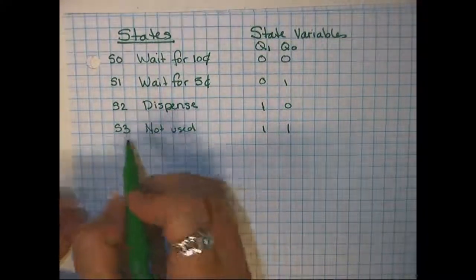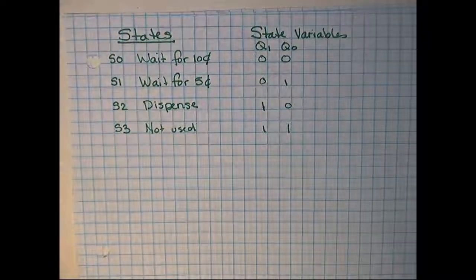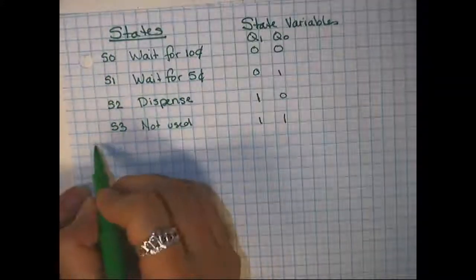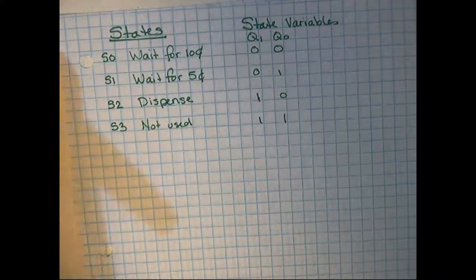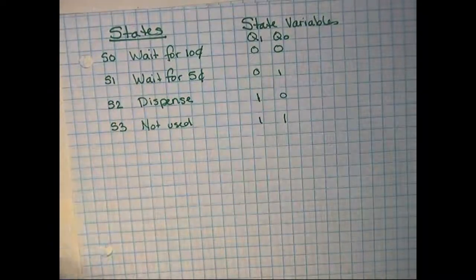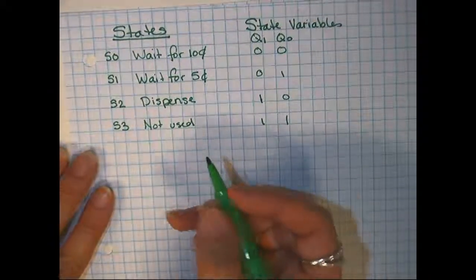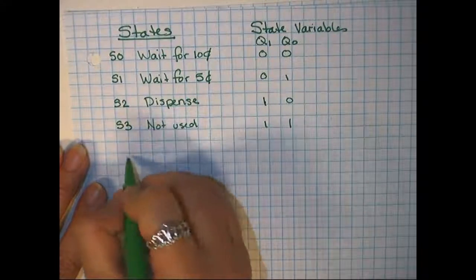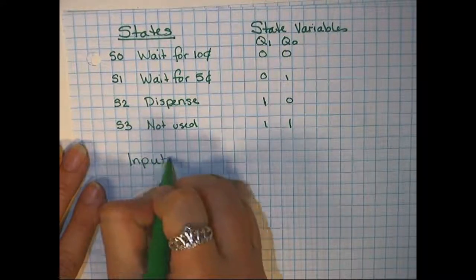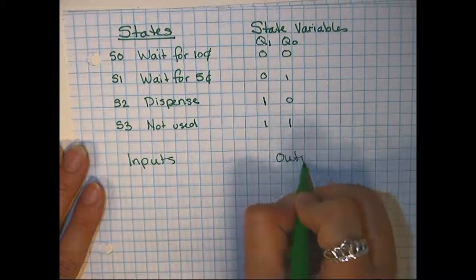Now we need to talk about a couple of other things, and we're going to create a little drawing before we make the graph that it says on the worksheet there. We need to talk about inputs and outputs.